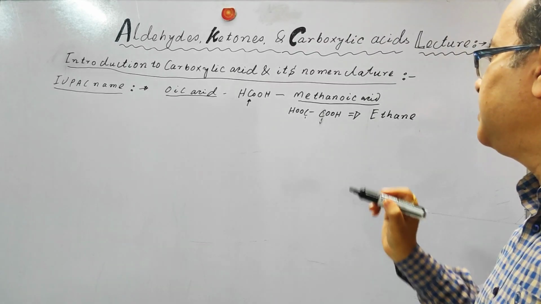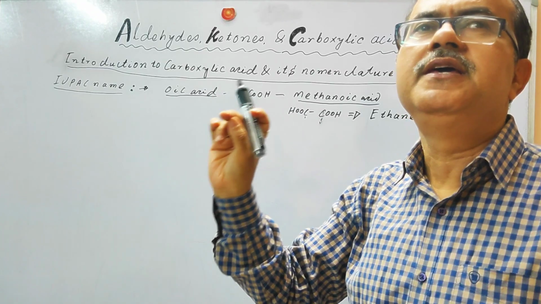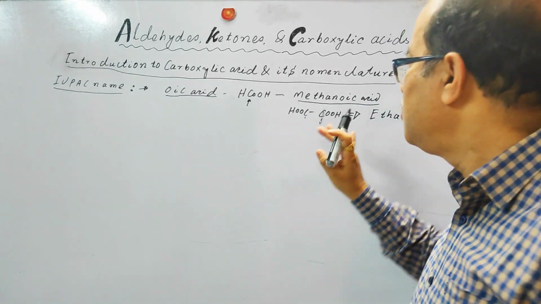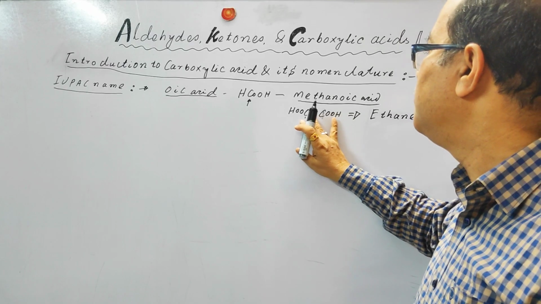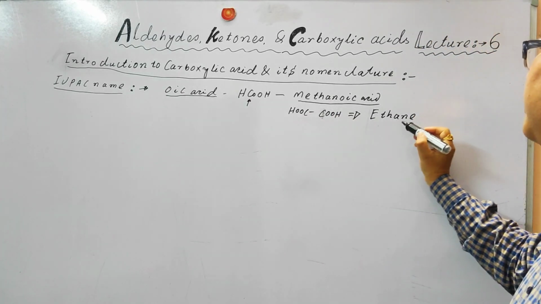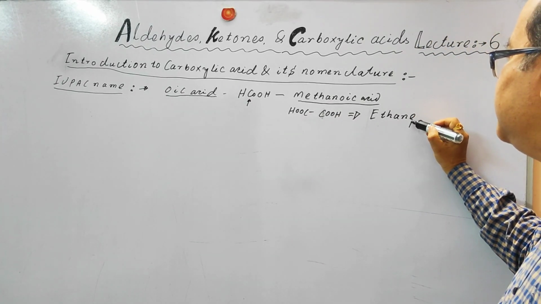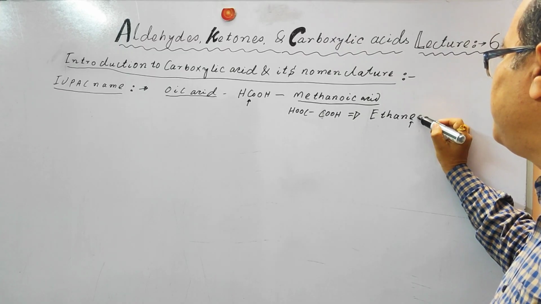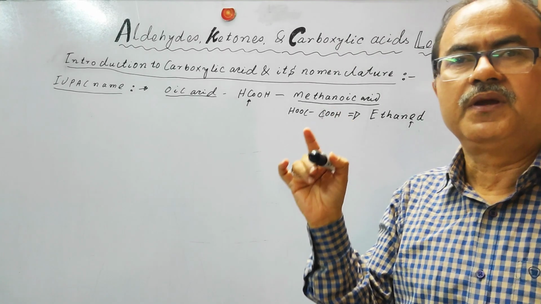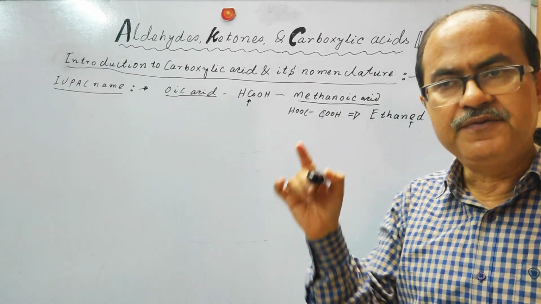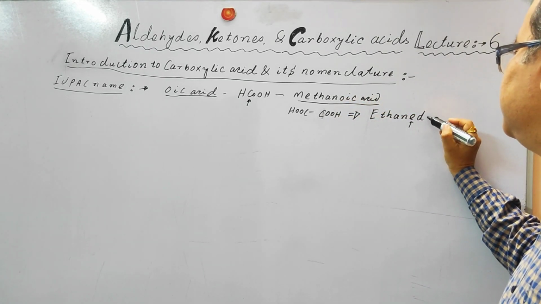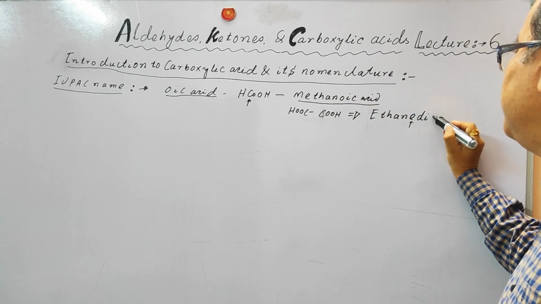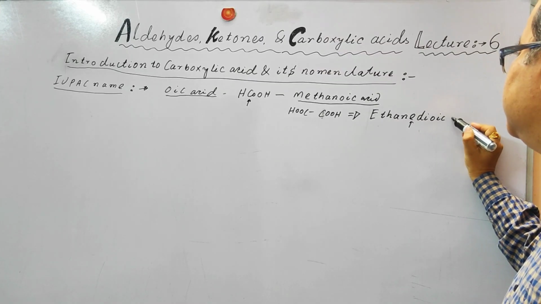But in this case there are 2 carboxylic groups, so we have to retain the E and put a multiplicative prefix before the oic acid, that is dioic acid.